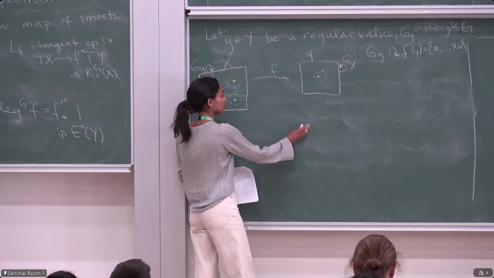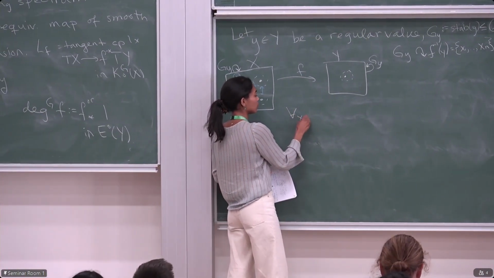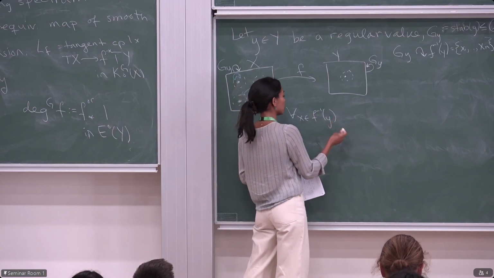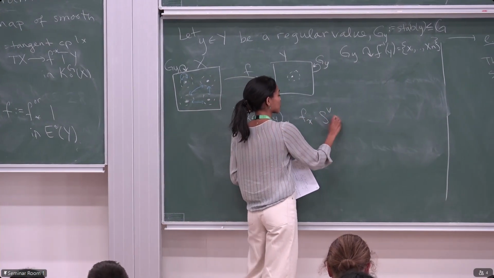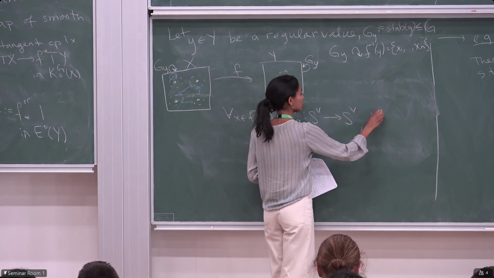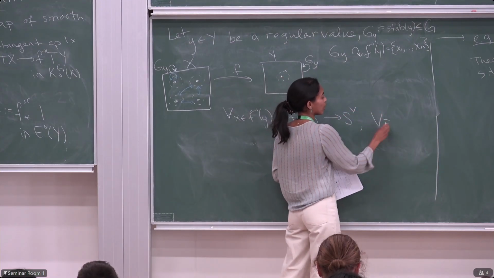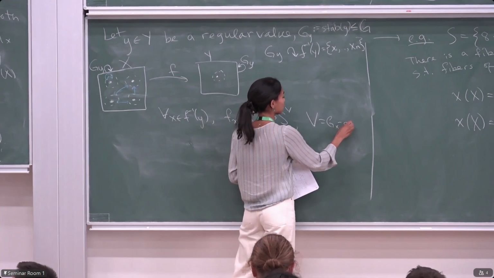The best you can do is define a map of representation spheres for a stabilizer of x representation.